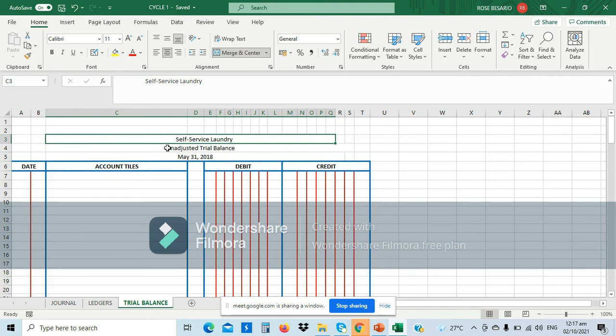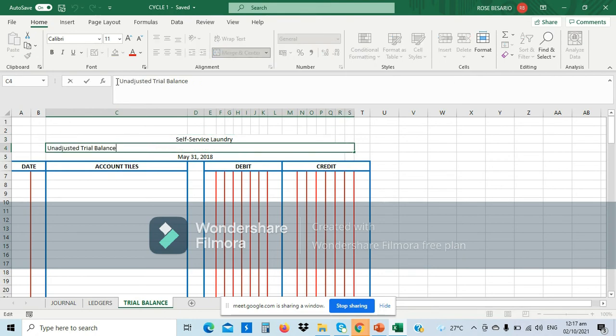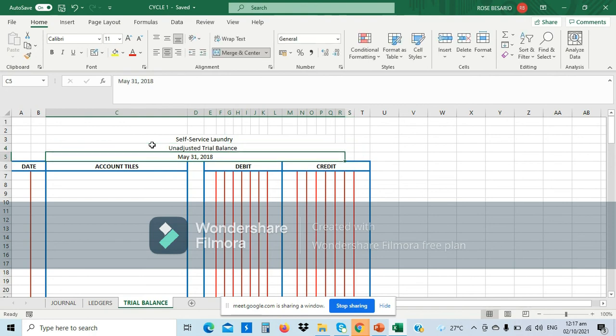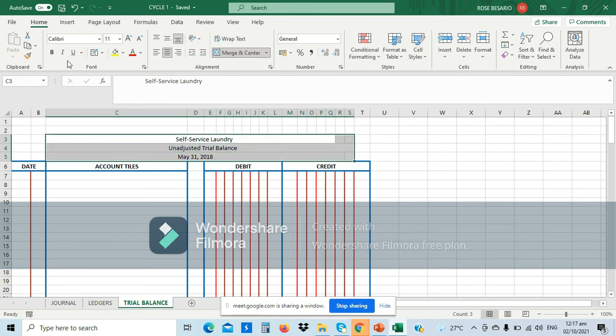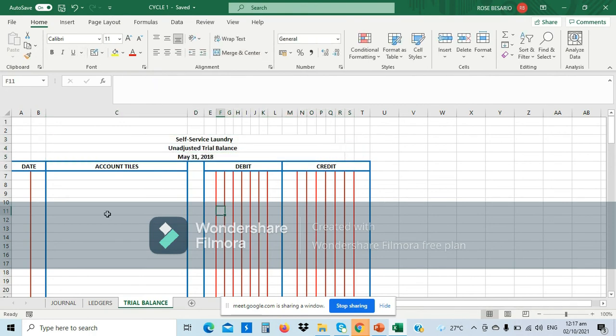Okay, so just do some adjustment. What you will do is copy the account titles and then their balances, observing debit and credit.